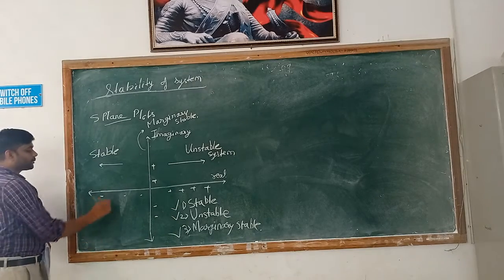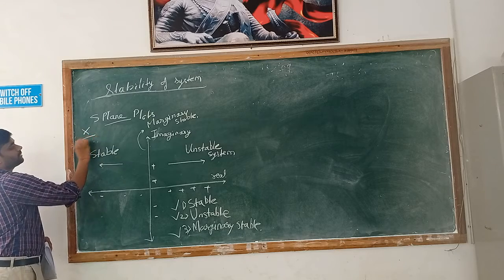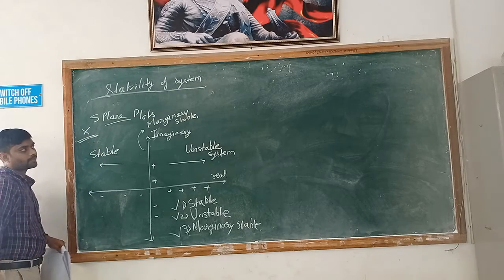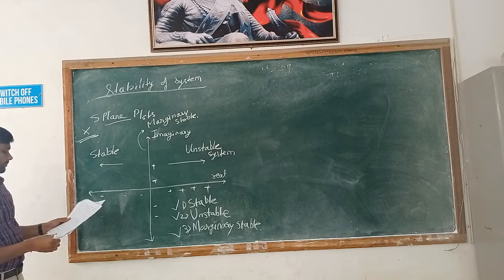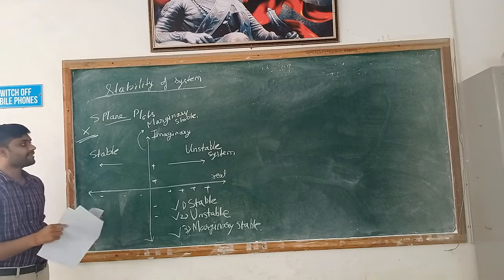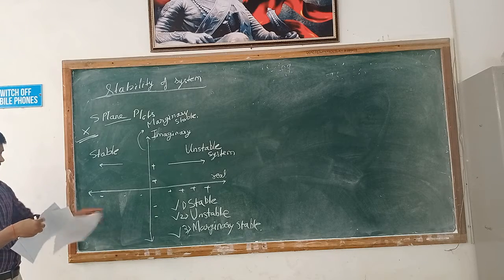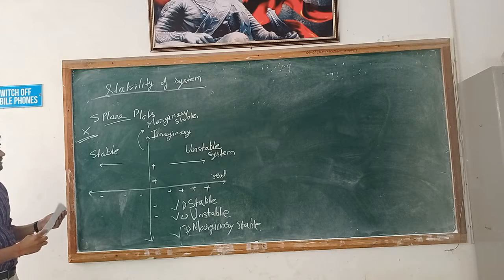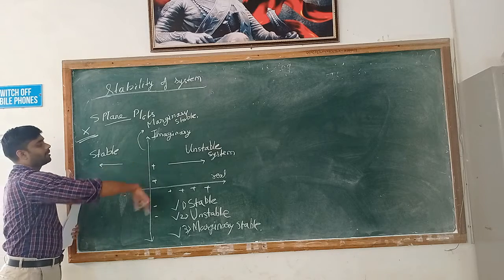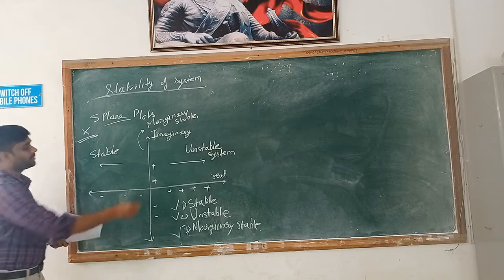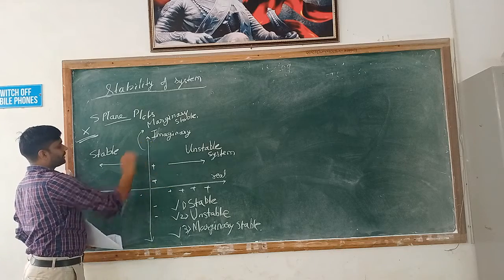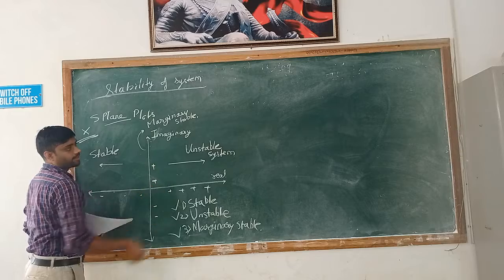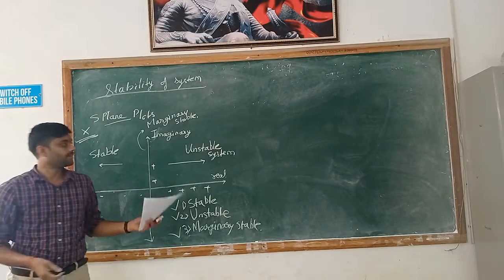Normally the poles are denoted by the symbol cross. Now we will see the various cases of the system when the poles are either real, imaginary, positive, or negative. So let's see.